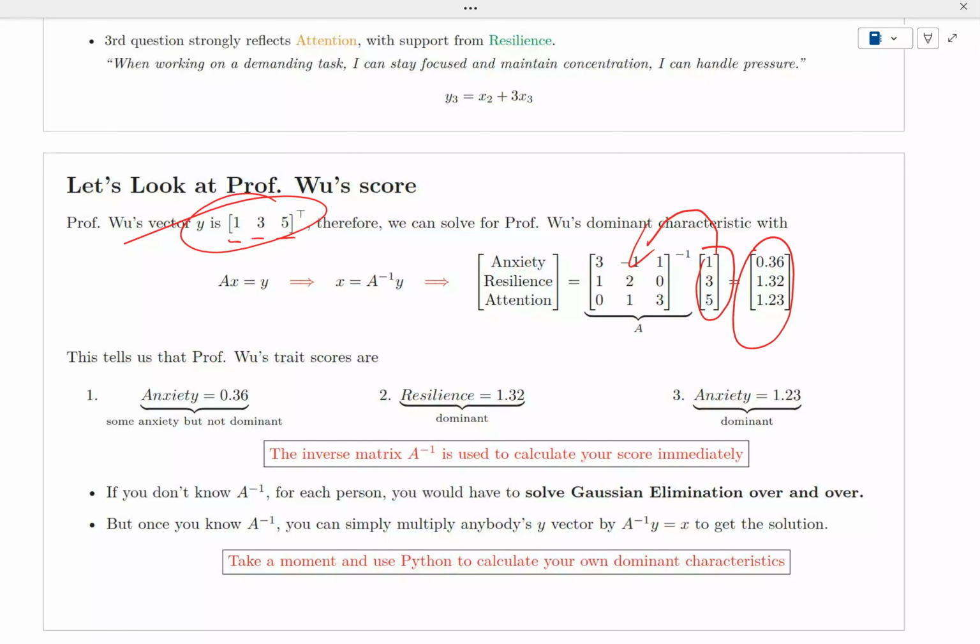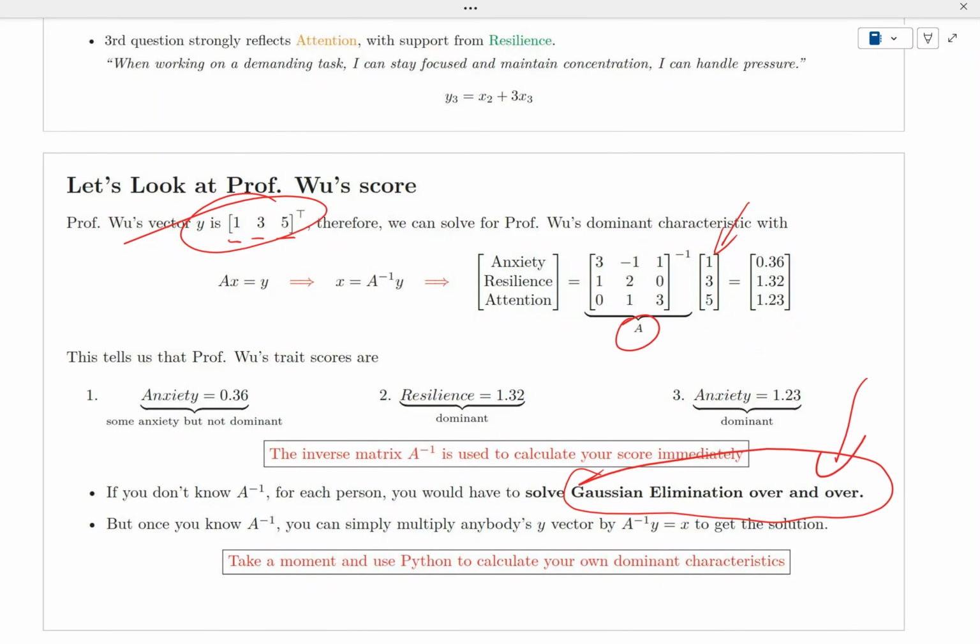If we didn't know A inverse, for every single person's score you would need to solve Gaussian elimination over and over again, and you don't want to do that. Ideally, you just find A inverse, and then whoever's score you get, you just multiply. So having an inverse really speeds things up and avoids the whole process of Gaussian elimination.